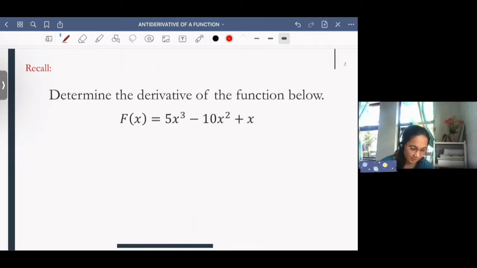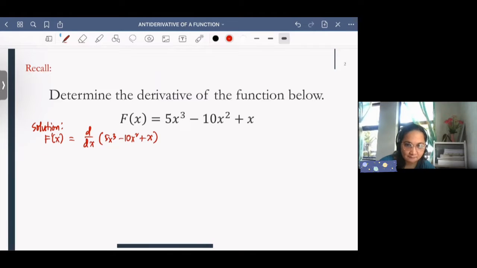So since we are given this function, for our solution for the derivative of f of x, we have f prime of x equals, we are going to use the notation for the derivative, that's d over dx, of 5x cubed minus 10x squared plus x.